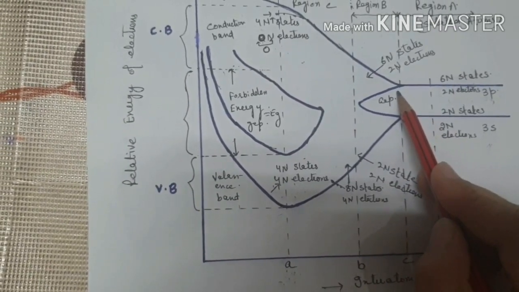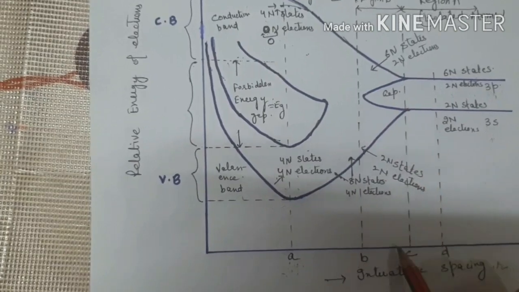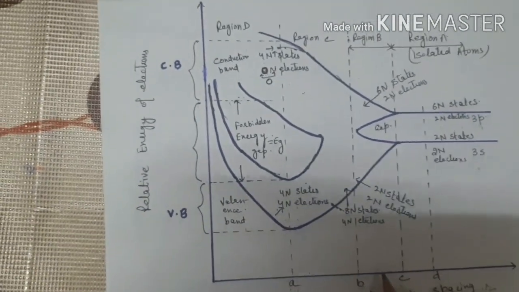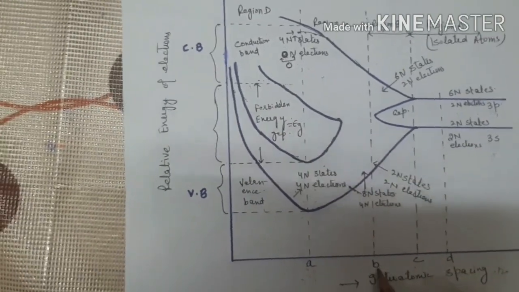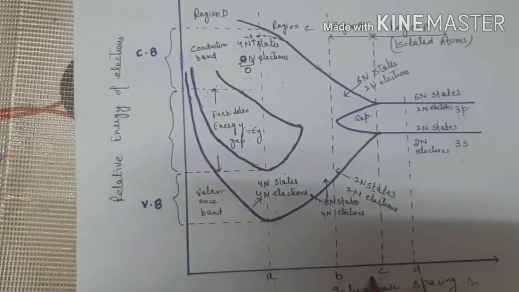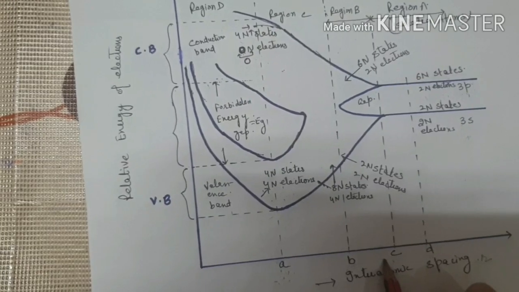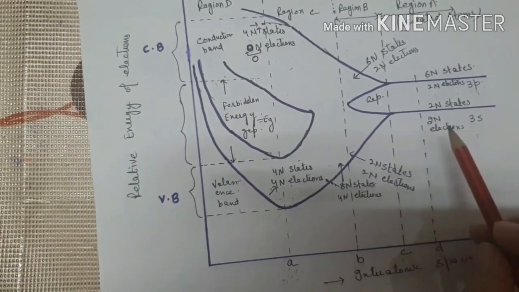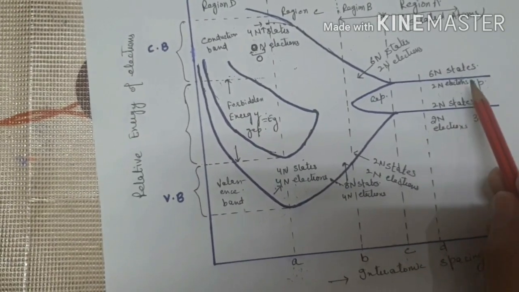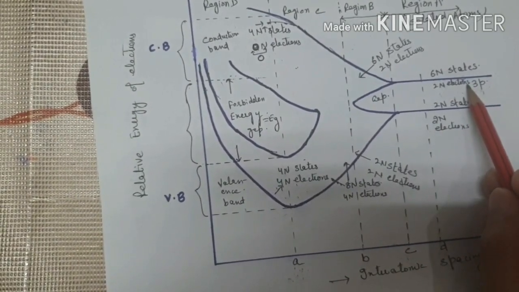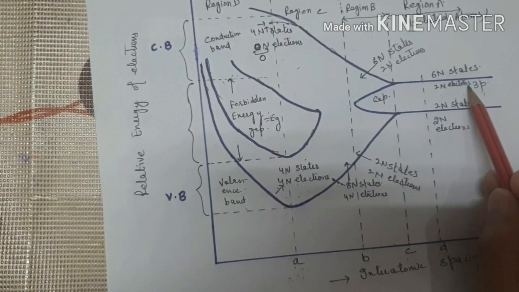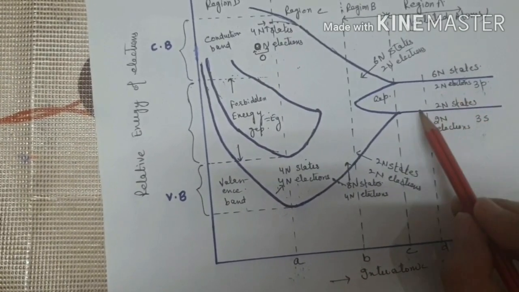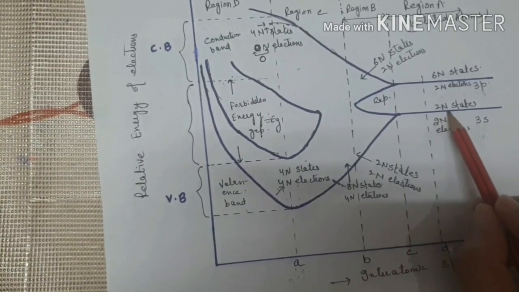Then when R is less than C and greater than B, between B and C, the energies of the 3s and 3p levels interact. The energy of 3s and 3p gets slightly changed.